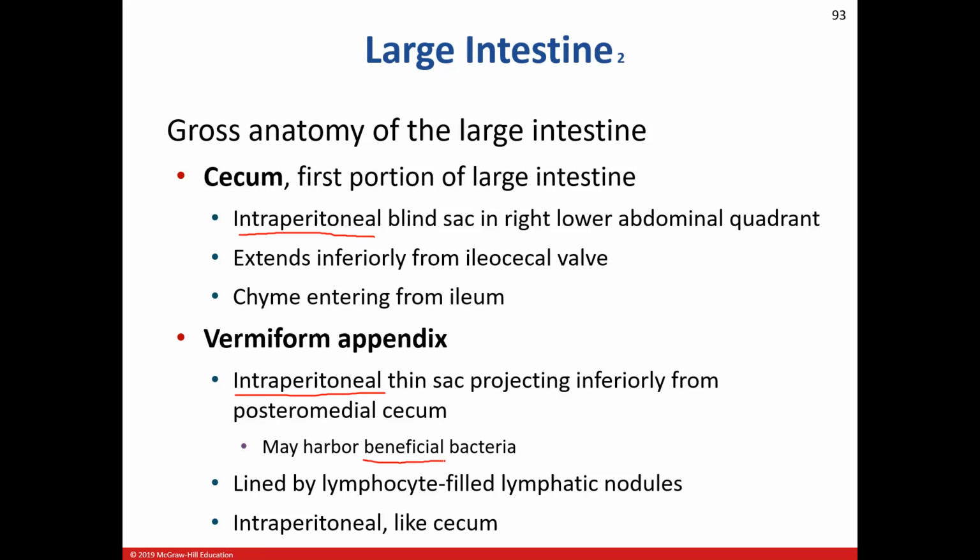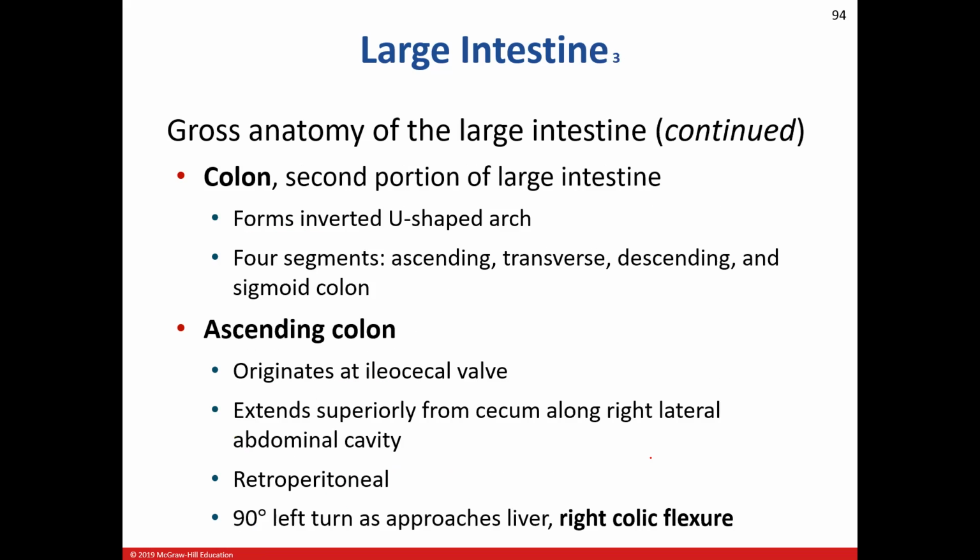We'll also notice in the appendix region a fair amount of lymphatic tissue, and as you know, the lymphatic tissue plays a role in our immune response. So keep that in mind as we move through this chapter.